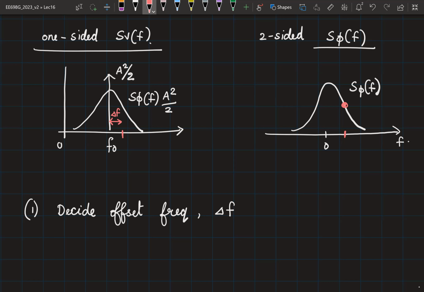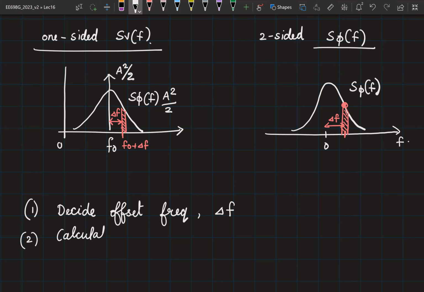So here is my delta f, and this frequency is now f naught plus delta f, correct? Let me also mark that here. This is my delta f, okay? Now I look at the 1 Hertz bandwidth around my delta f, and I calculate the power there. So I'm looking at a 1 Hertz bandwidth here, and I'm calculating the power in this. Okay, so that is the second step.